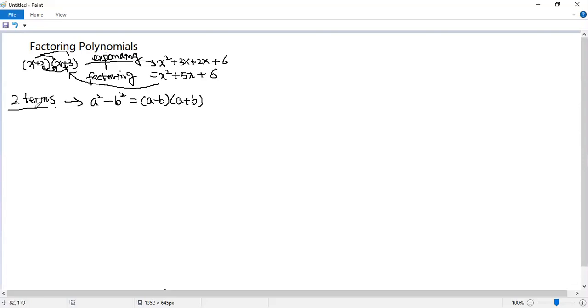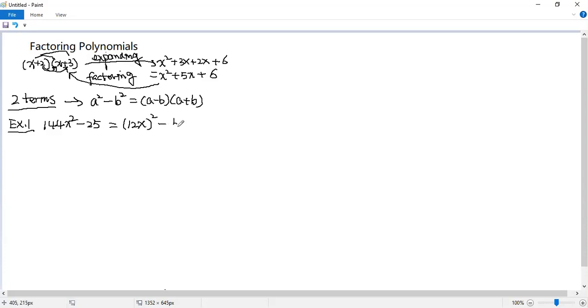Let's look at an example: 144x squared minus 25. We know 12 squared equals 144, so the first term can be written as (12x) squared.